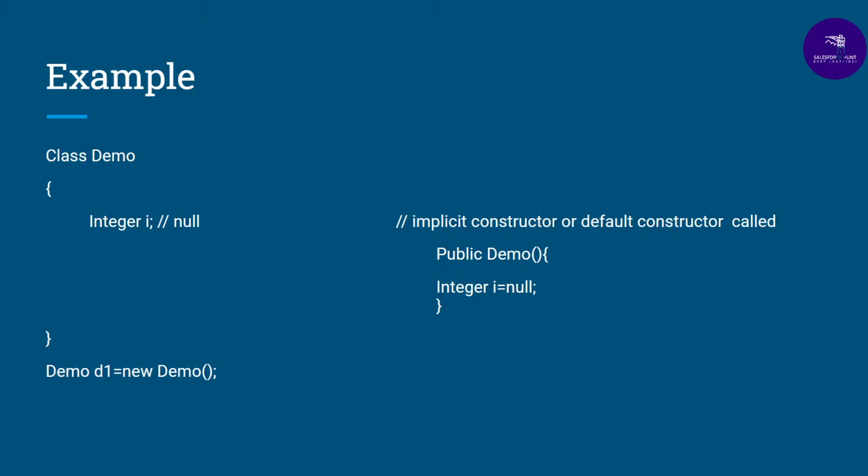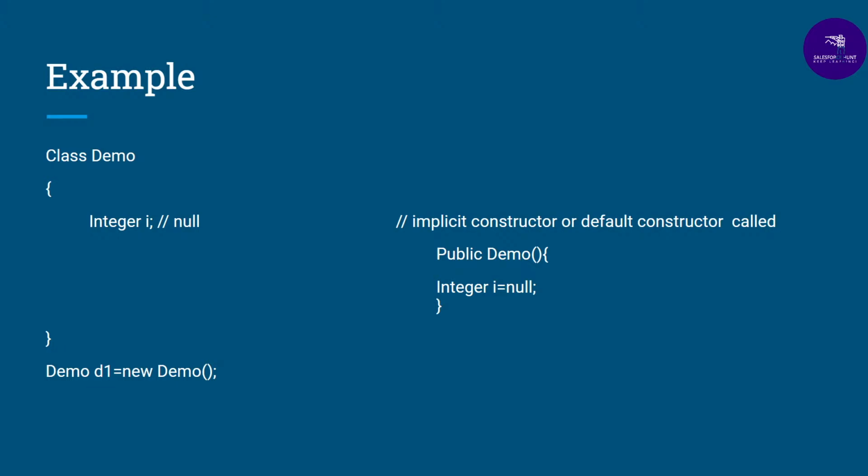Let's say I have one class called DemoClass. Under this class we have an integer value, integer i. By default, if you don't initialize any value for Apex variables or Apex data members, the Apex runtime engine automatically initializes a null value on that particular variable.